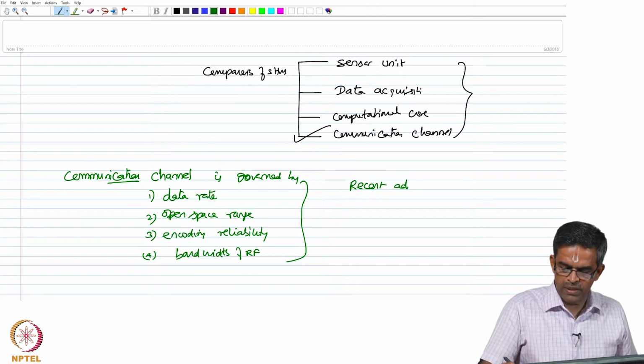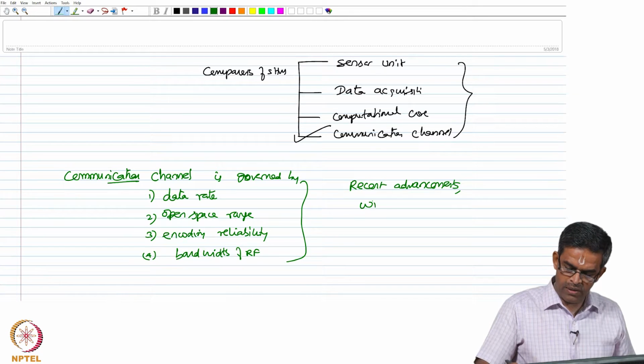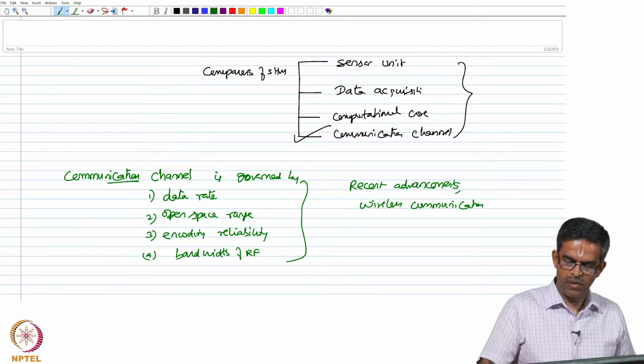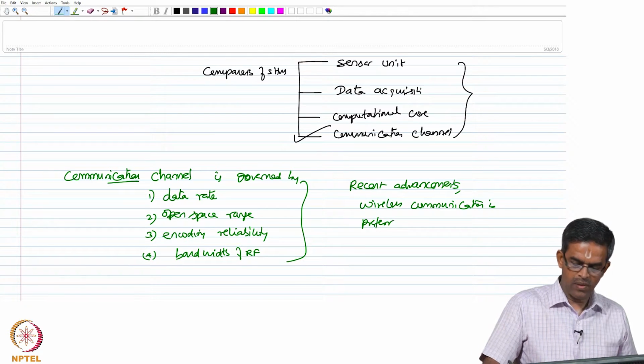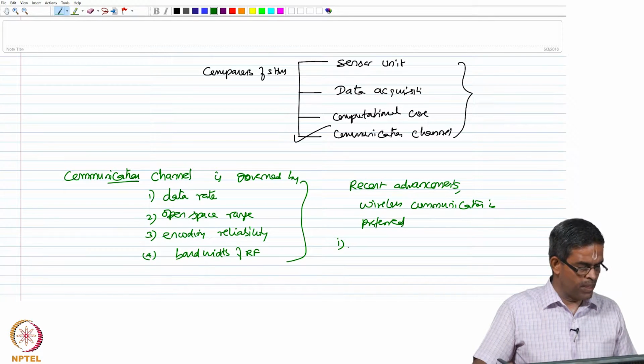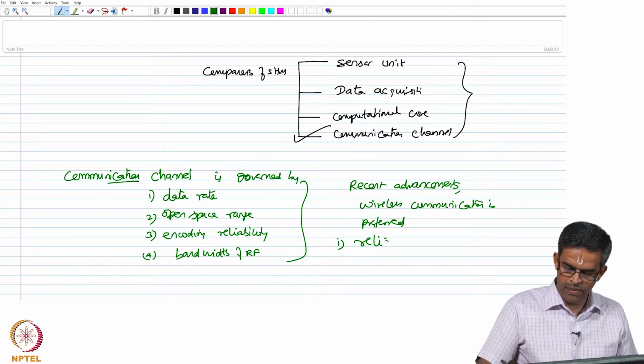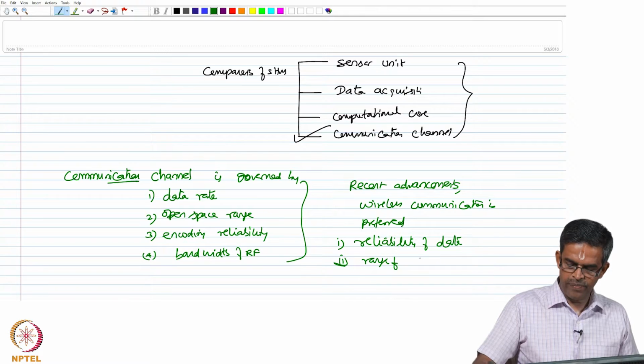With the recent advancements, people prefer to use wireless communication, whereas the main parameters in wireless communication would be the reliability of the data transfer, and the range of data, that is the space constraint.